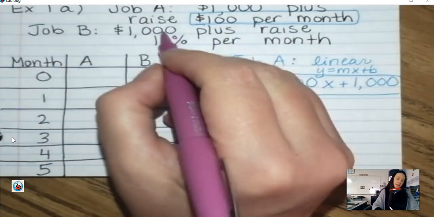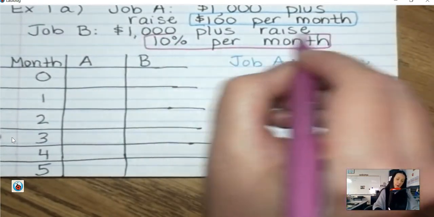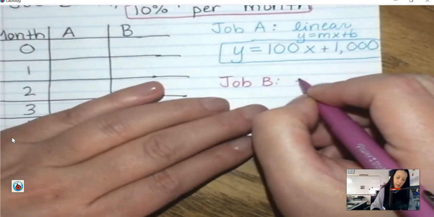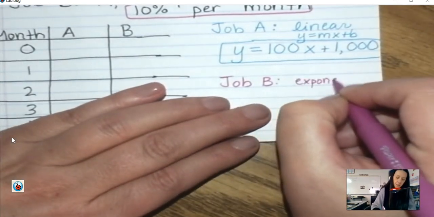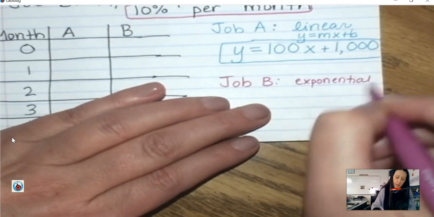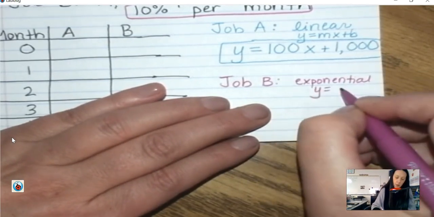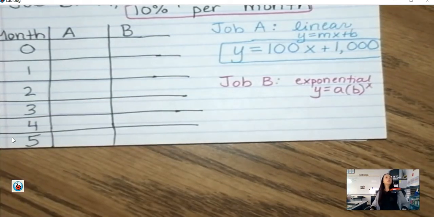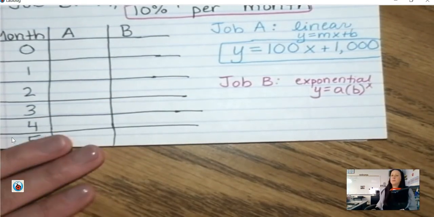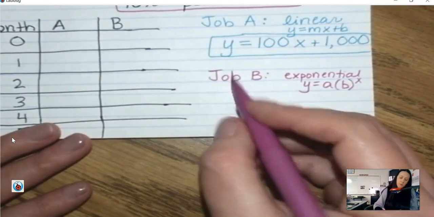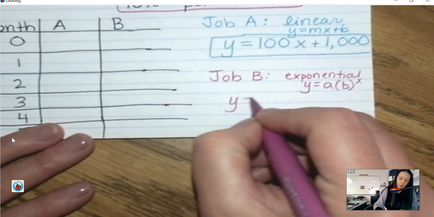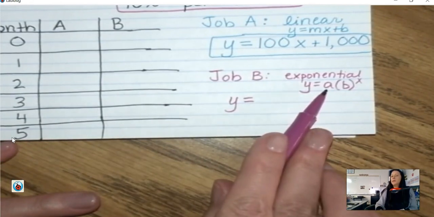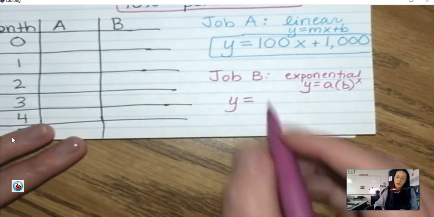Okay, then we'll do job B. Job B has a 10% per month raise. So that percentage means it's going to be exponential. Exponential equations use y equals a times b to the x power. So job B will be y equals, A stands for the starting point, and this job starts at $1,000.